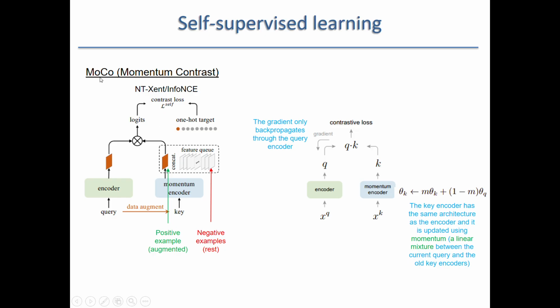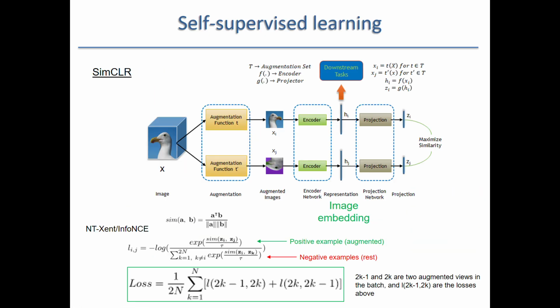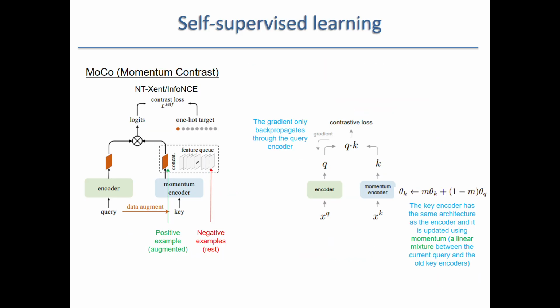There are some technical problems associated with SimCLR, especially with the size of the batches and so on. MoCo, which stands for momentum contrast, aims to solve those problems.